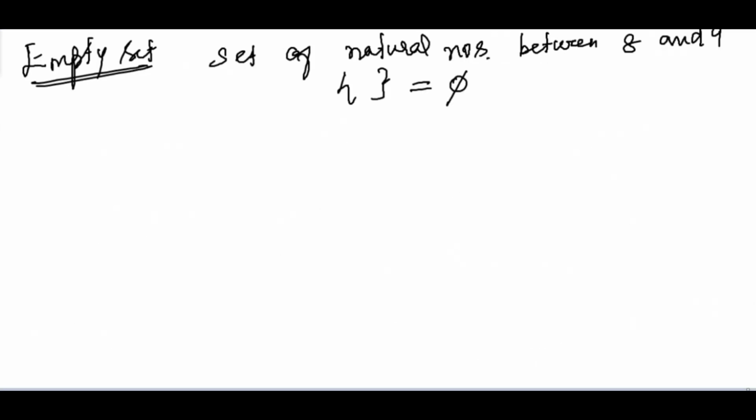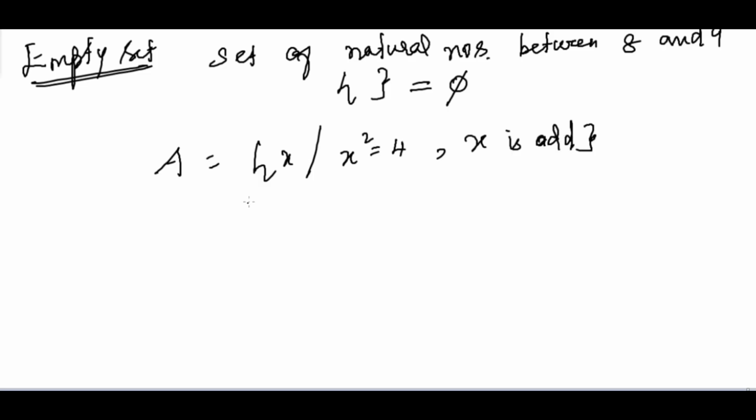We can give more such examples. A is equal to set of all x such that x square is equal to 4 and x is odd. This is set builder form. If we list out the elements, x square is equal to 4, so x is equal to plus or minus 2.